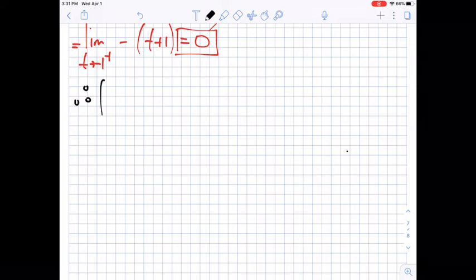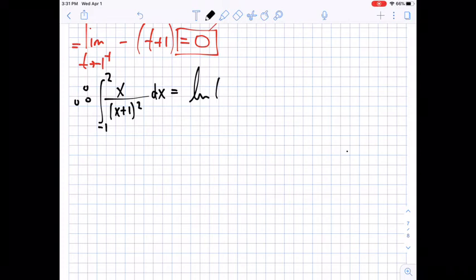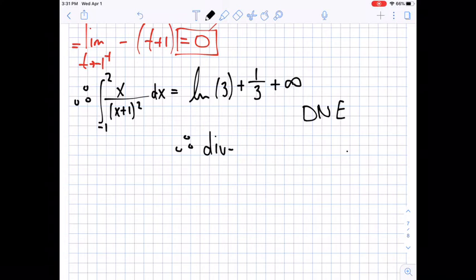Therefore, the integral from minus 1 to 2 of x over x plus 1 squared dx is going to be equal to ln of 3 plus 1 over 3. And that second part goes to positive infinity. So we know the whole thing is going to be DNE. The whole thing is going to be divergent.